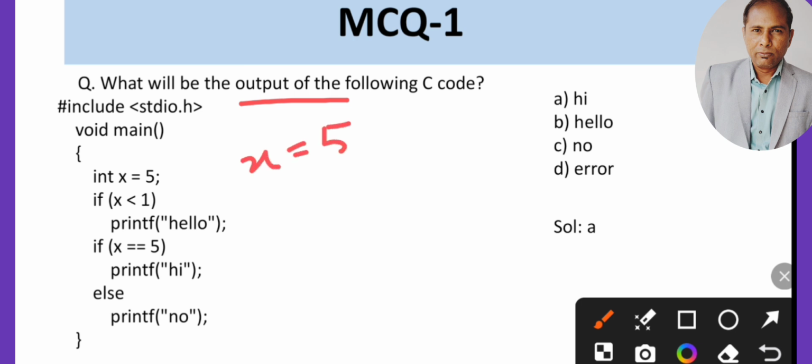If x is less than 1, but x is not less than 1, here x is equal to 5, then it should print high. Since x is equal to 5, it should print high. So high is option 1, so A should be the correct answer for this question.